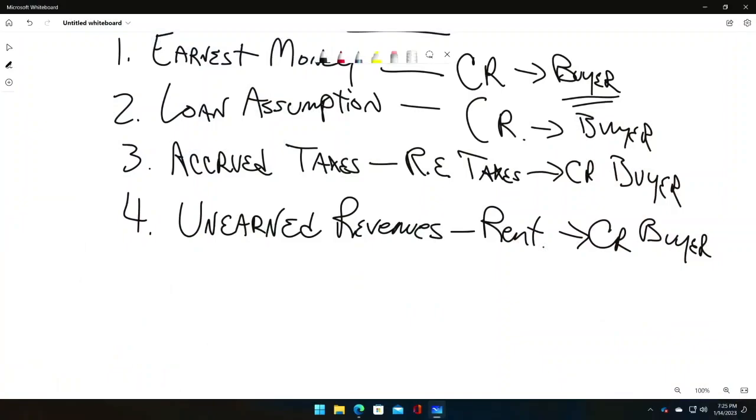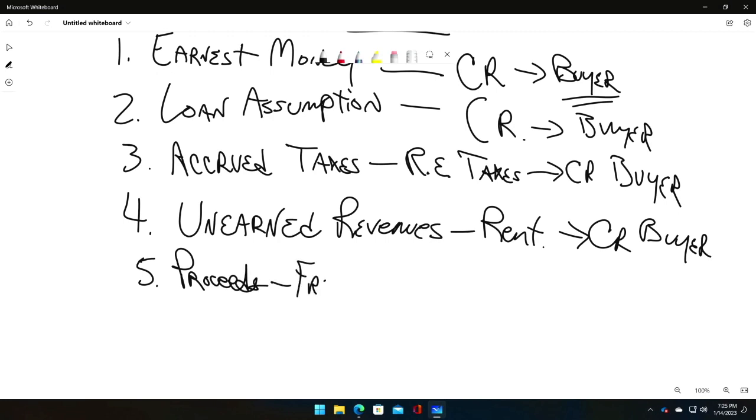So you need to know what are the credits and what are the debits in this situation. So unearned revenues or rent would be considered a credit. Those are collected in advance but not yet earned. And then proceeds from a new loan.